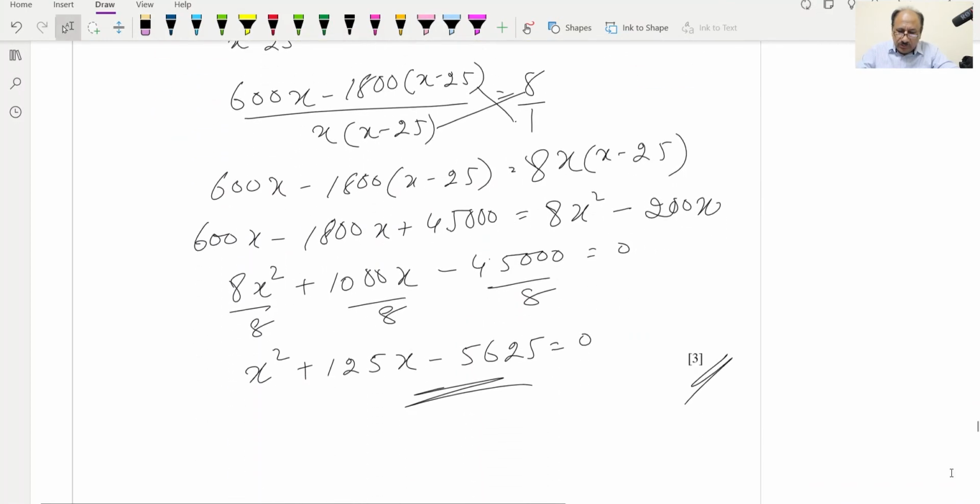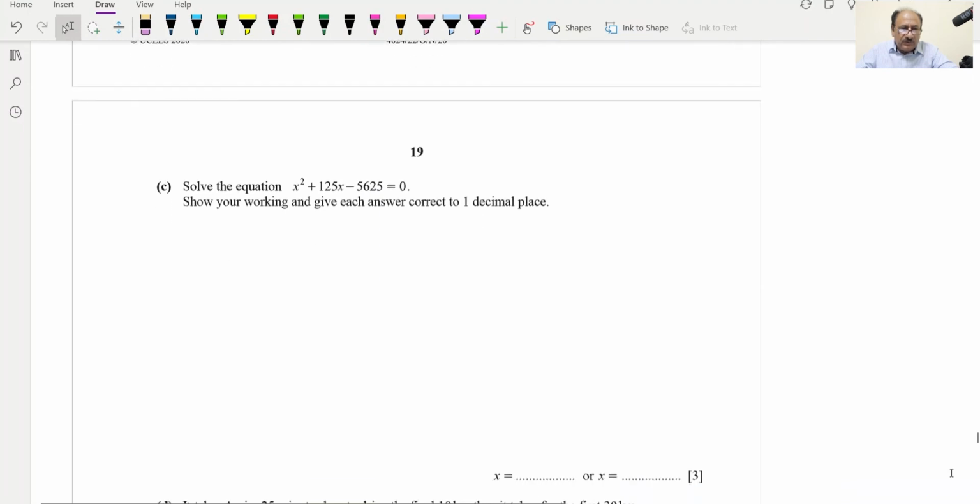Hopefully you understood each and everything. Now C part says solve the equation, show the working and give your answer correct to one decimal place. We can identify a value as the coefficient of x squared, which is 1, b value is the coefficient of x, which is 125, and c value is minus 5625.